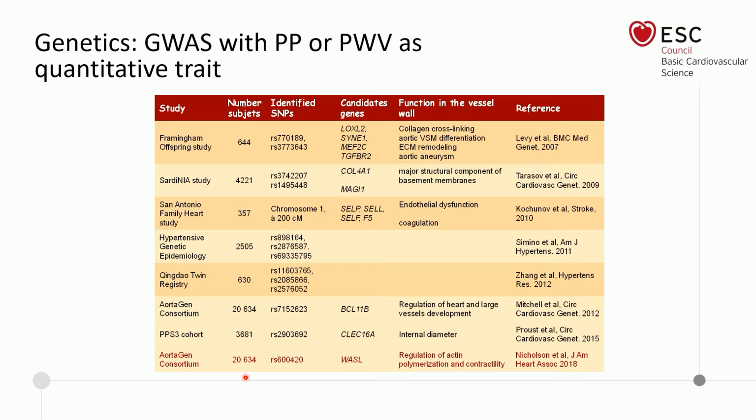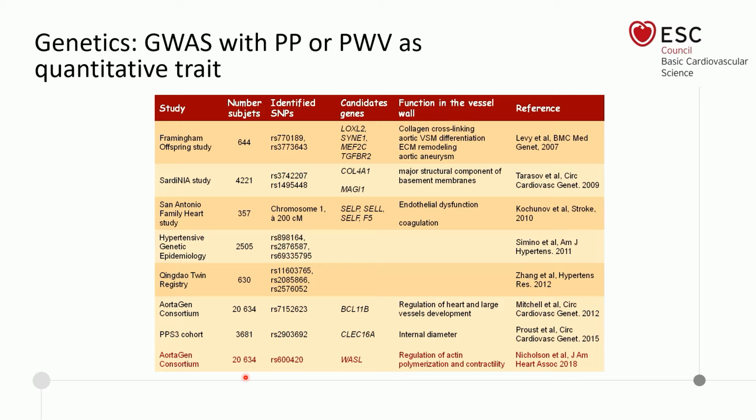In a recent paper from the Aortic Gene Consortium, in a very large number of patients, more than many thousand people, they identified the WNT9B locus as a determinant of arterial stiffness and vascular remodeling.